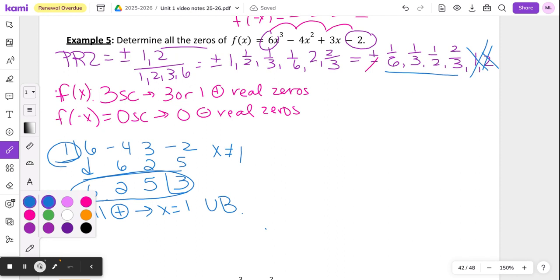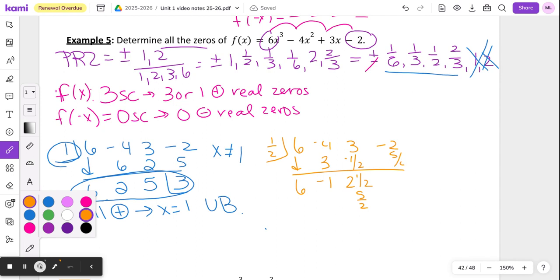So let's try the 1/2. Let's see what 1/2 does. 6, -4, 3, -2. So multiply, add, multiply, add, oof, that's really 5 halves.